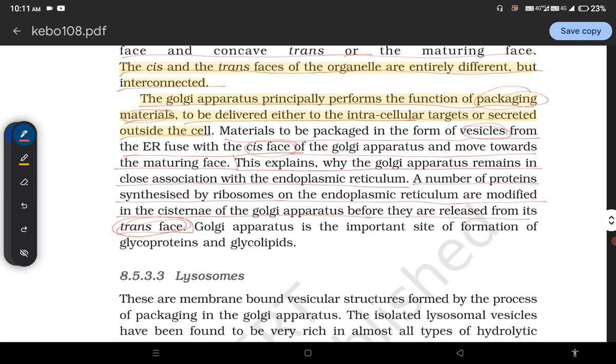Okay. Golgi apparatus is the important site of the formation of glycoprotein and glycolipid. Yes.